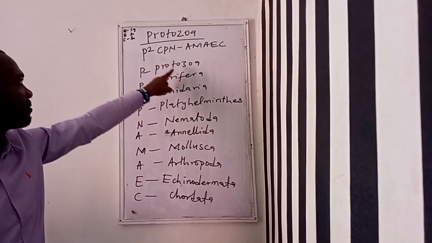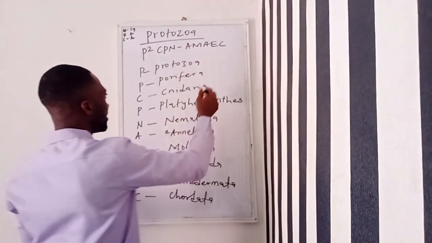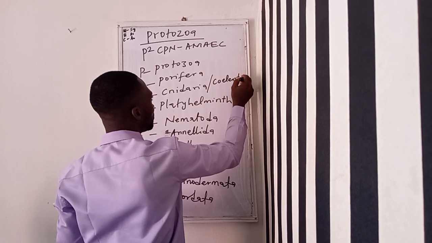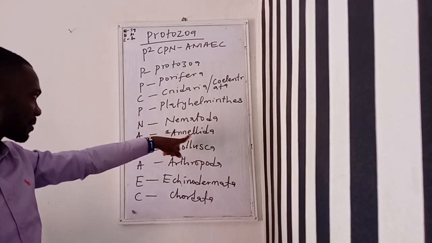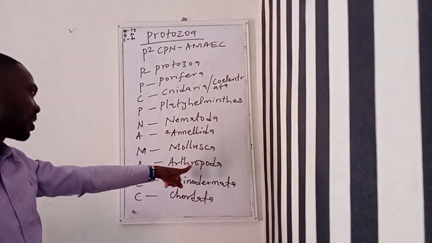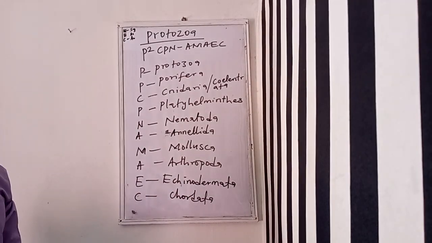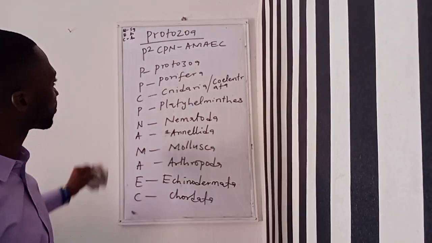So protozoa, porifera, cnidaria. This is also called the coelenterata. The cnidaria coelenterata, platyhelminthes, Nematoda, anellida, mollusca, Arthropoda, echinodermata, then chordata. So these are the 10 phyla we have in the animal kingdom.